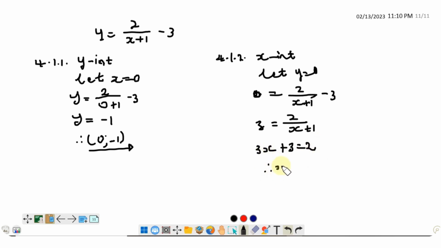Therefore, x equals negative 1 over 3. So the x-intercept is negative 1 over 3 and 0. There we go.